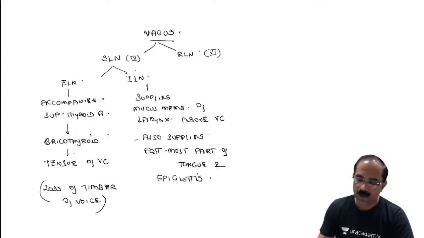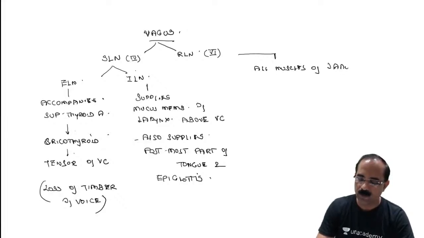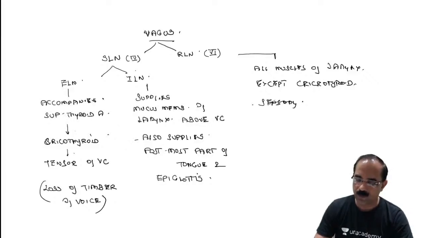Remember this. Recurrent laryngeal nerve. This is a mixed nerve. It supplies all the muscles of larynx. Okay, it supplies all the muscles of larynx except cricothyroid. And it supplies sensory supply, or it supplies mucous membrane, write it like this so there's no confusion.